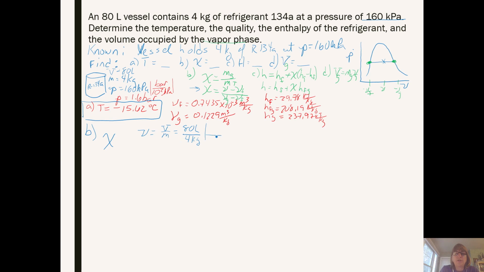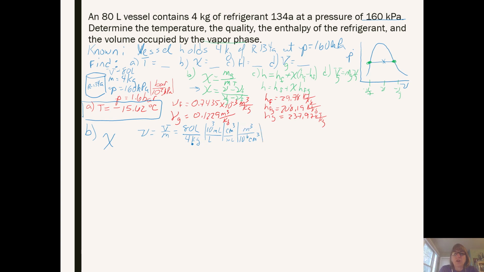And we have to do some converting here. So a liter is 10 to the third milliliters. A milliliter is a centimeter cubed. And 10 to the 6th cubic centimeters for every 1 meter cubed.